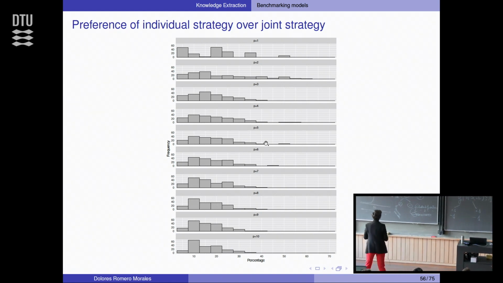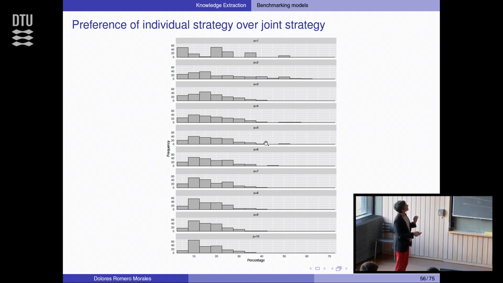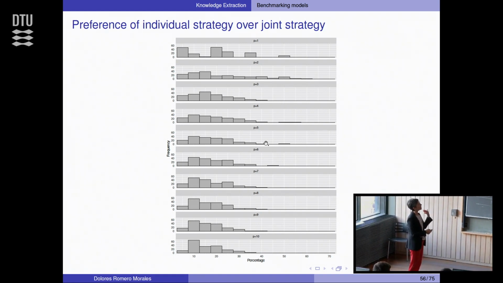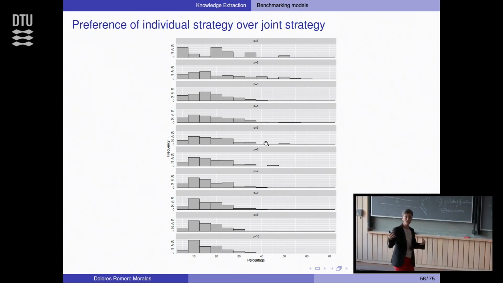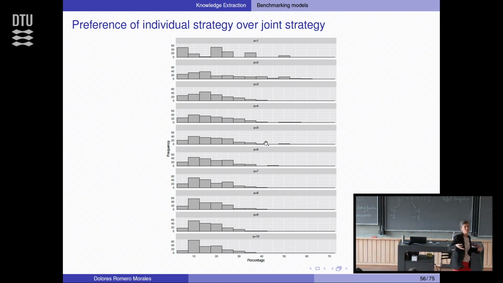I don't know whether you can visualize this very well, but these bars tell you how many people preferred an individual model to the joint one, and how many preferred the joint model versus an individual model. It turns out that if you increase the number of features, these histograms move toward preferring the joint model. So with more features, the joint model is able to capture more of the characteristics of all these companies.